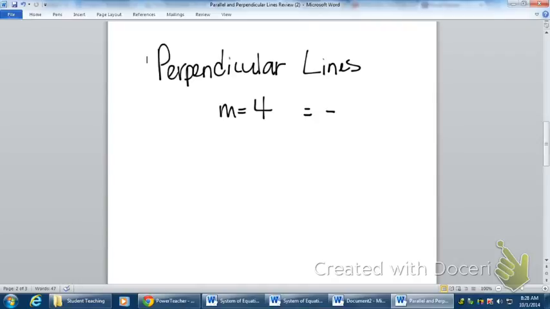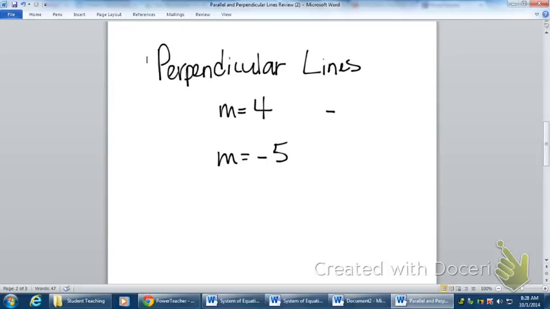That's the first step. You change the sign between positive and negative. And let's say, these are just notes, the original slope was a -5. It would be a positive number.